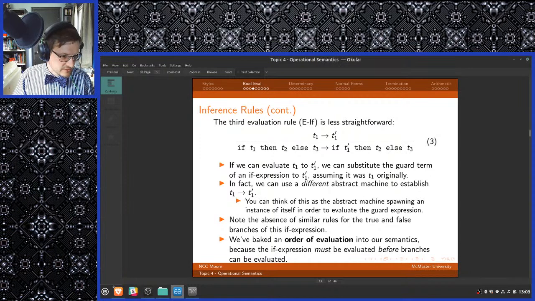It's the bool result after a conditional expression. Yeah. So T1 prime does not necessarily mean final result. We haven't quite established a notion of finality yet. Right now, we're talking about a single step, right?